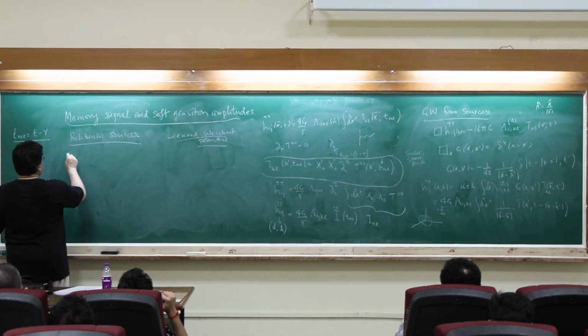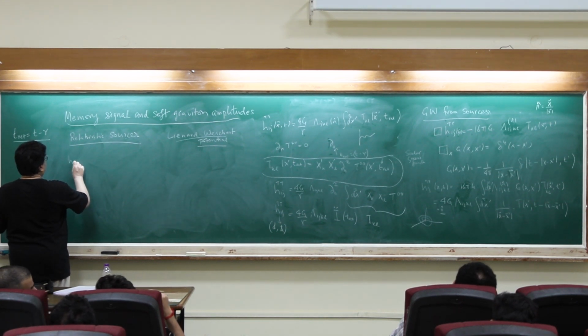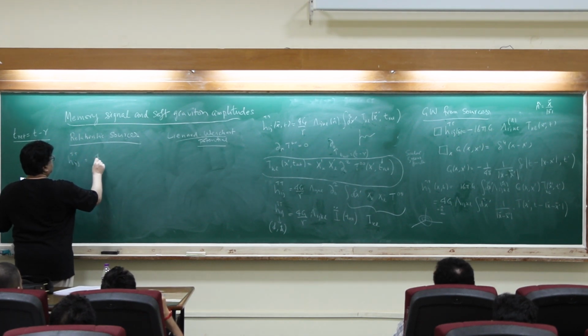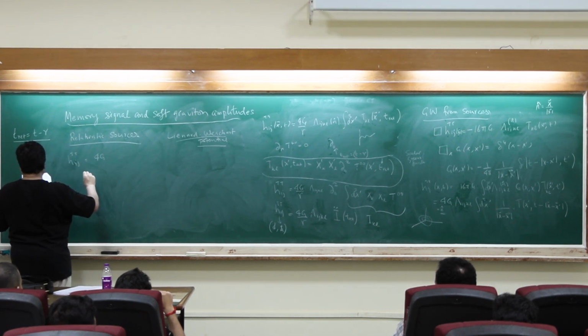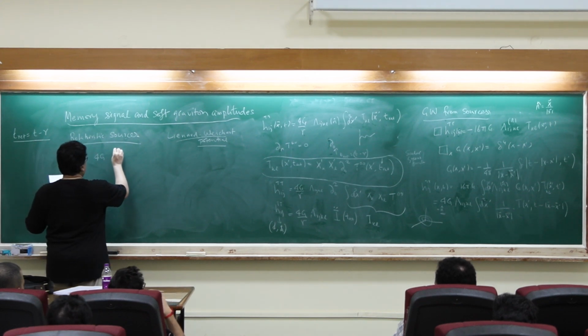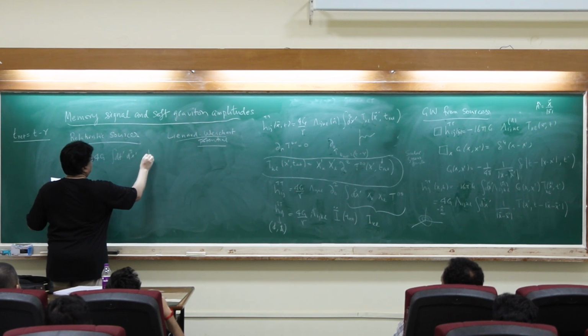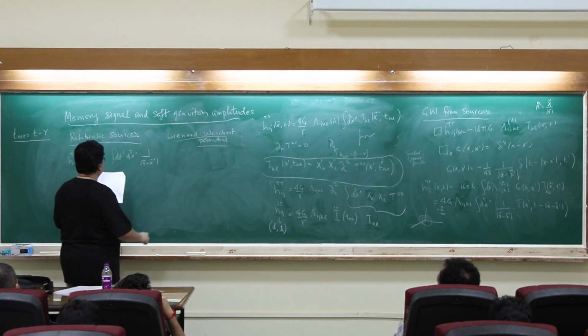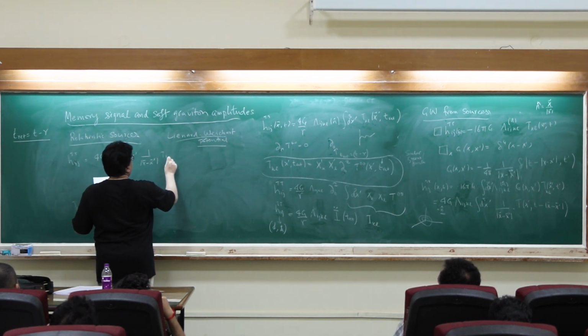So again, go back to this Hij, T_tt. This is 4G, integral dt prime, and so on.